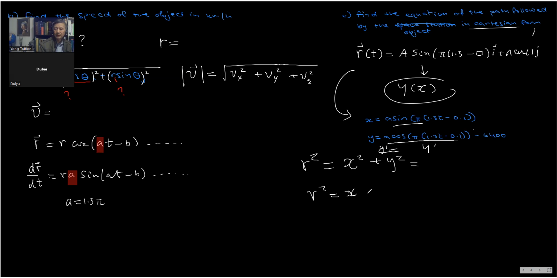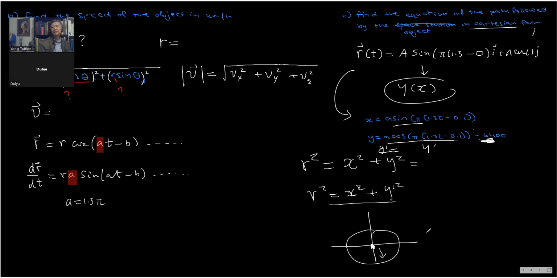Otherwise, the equation is too complicated for you. I use a new coordinate in which this circle is centered at this position. After that, I just do the translation. We put it downward.